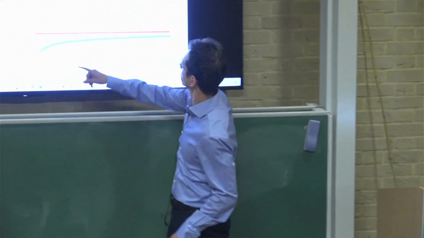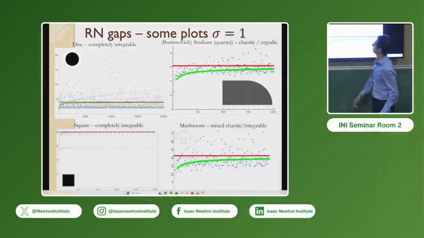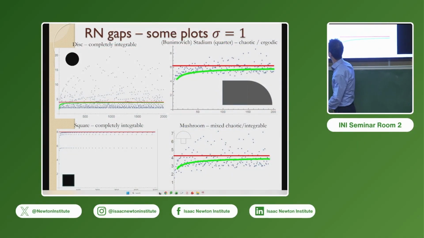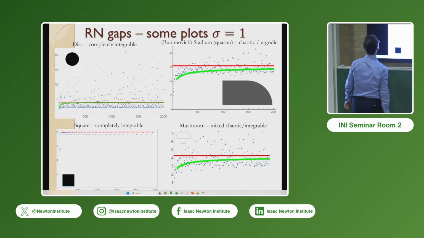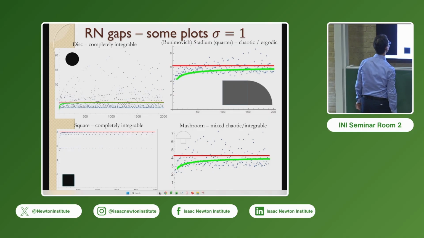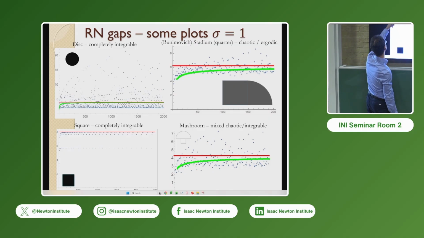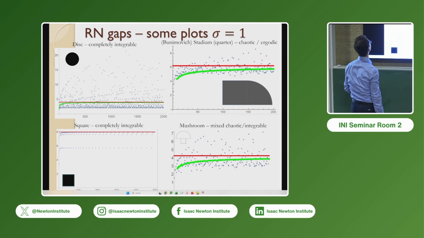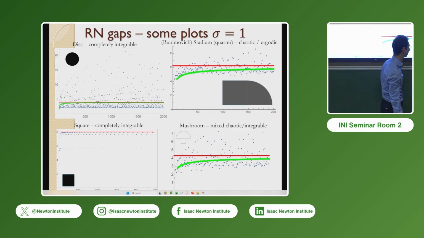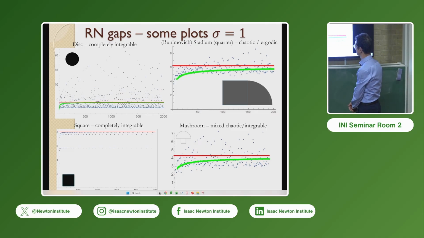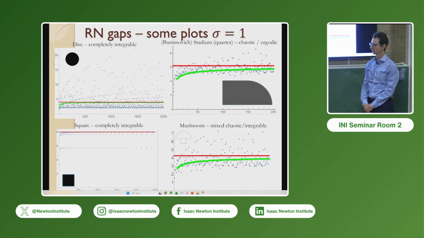Here D2 is bigger than D1. Here D2 is bigger. Here I cannot tell. For the mushroom, it looks like it, but the mushroom is not convex. It's a fair question. My question is for convex only.